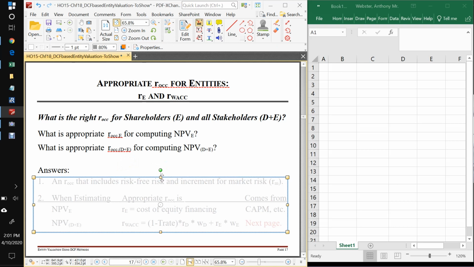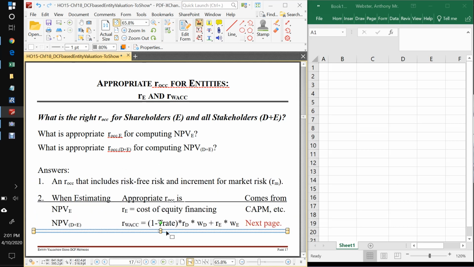And so what are the right costs of capital discount rates to use? Two answers to this question. We want, of course, an opportunity cost of capital that includes risk-free risk and an increment for our market risk, because we've got project risk in the cash flows, and if we do this, we'll have all our cash flows. So that's good.